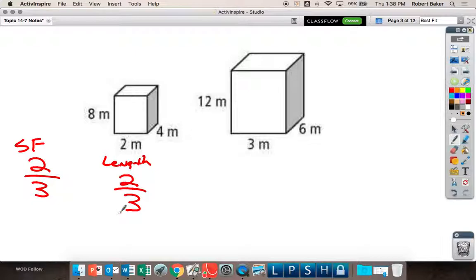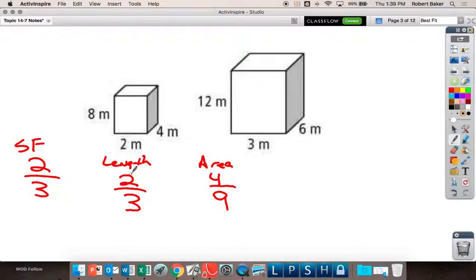Now, our ratio of areas is A squared over B squared, because area is always like square centimeters. So to find a ratio of areas, I do squared. 2 squared and 3 squared. So we always go back; this is 2 to the first power to the second power.